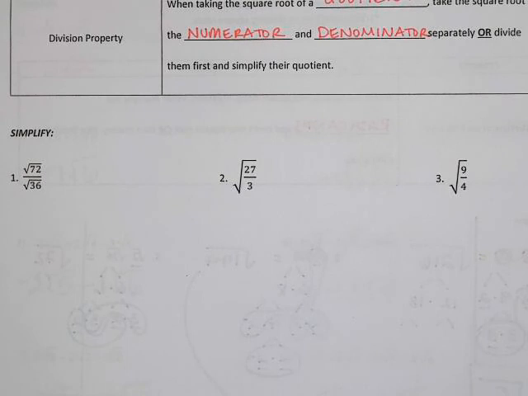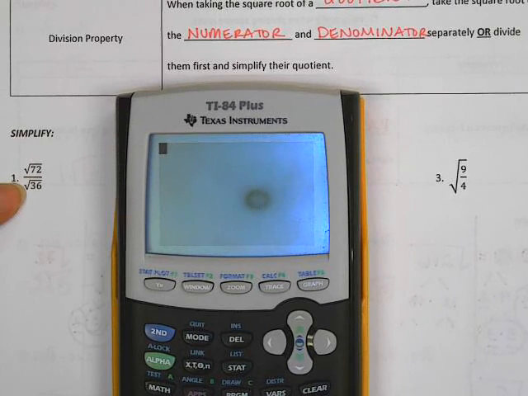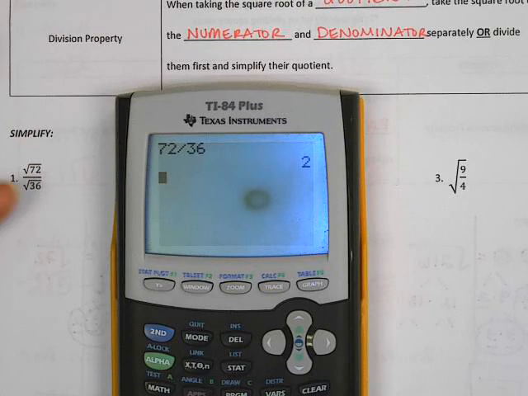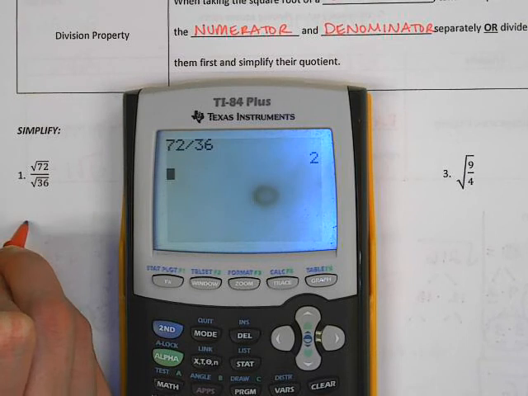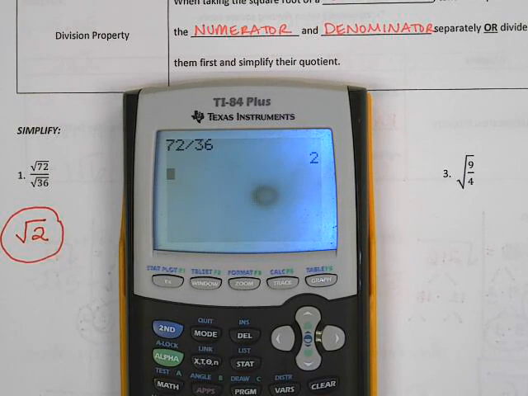So on this one, here's what I would do. I would see if 72 divides by 36. If it divides nice and it's not a fraction, I would suggest dividing first. So root 72 divided by root 36 ends up just being root 2. And that's already simplified.